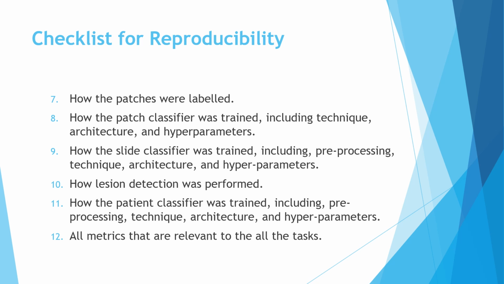The next item in the list is how the patient classifier was trained. Maybe more than one slide is provided for the same patient. If we want to aggregate the information from these several slides, we also need to provide the information related to that part of the model.